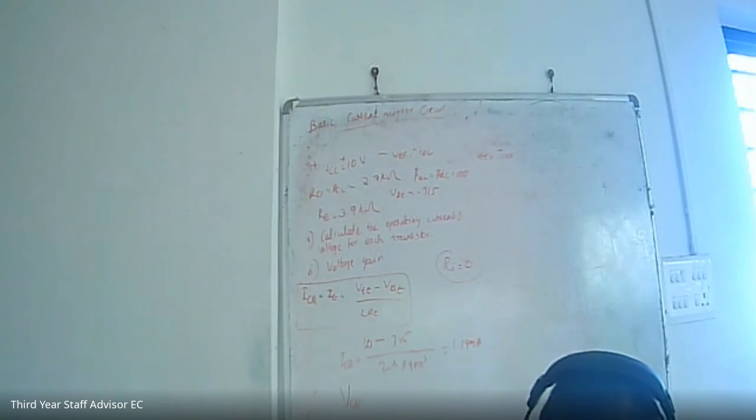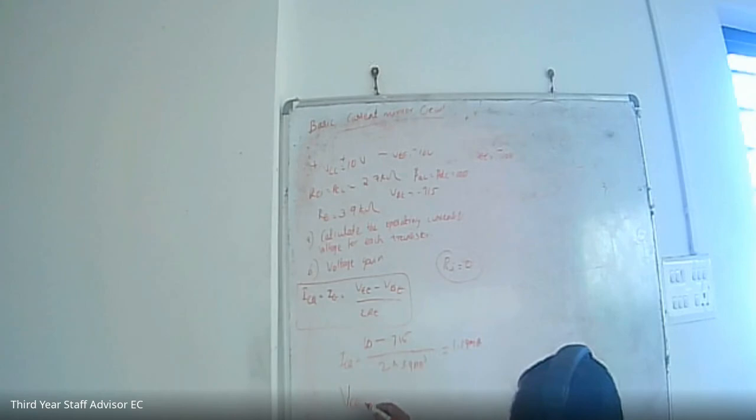You can use the same equations as before, either proceeding by using VCEQ, VCC plus VBE minus IC into RC. Here it is not asked to find the quiescent operating point, that is IC, so you are not required to write this. What is the equation in the previous problem?